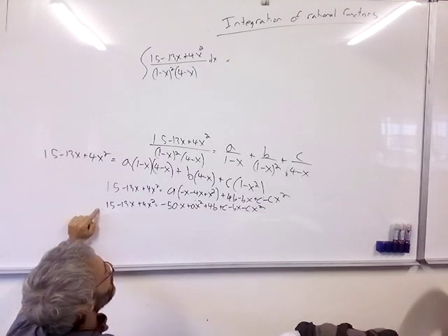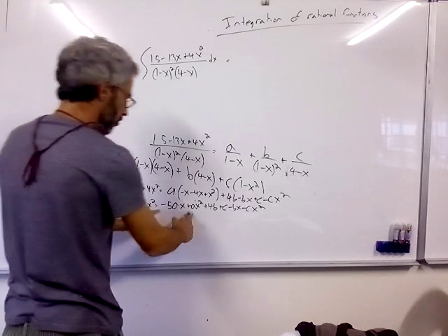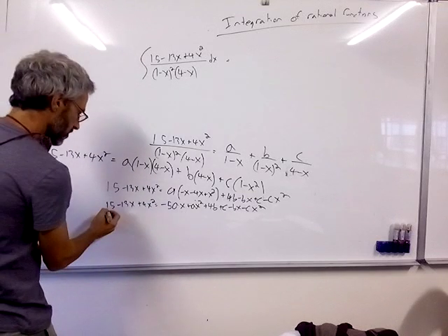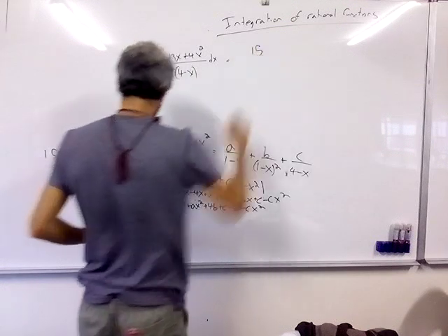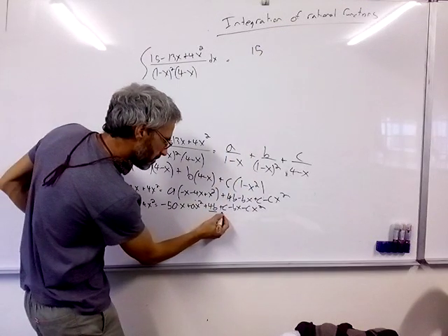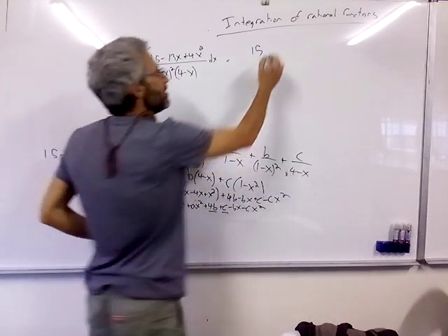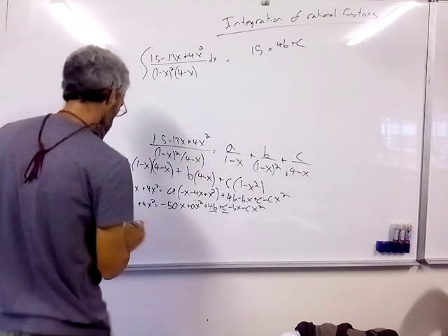I think what I'm going to do, just so I'm not going too low, I'm going to rewrite the whole thing, but I'll compare term to term. So let's start with the numbers. 15 must be equal to all the pure numbers here, which is 4b plus c, that's it. 15 equal to 4b plus c. Great.